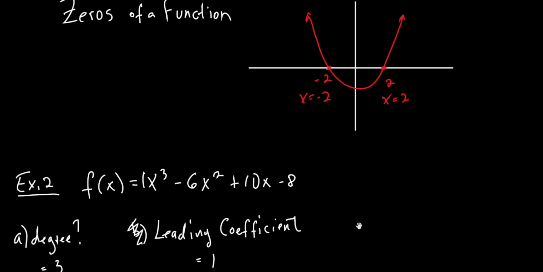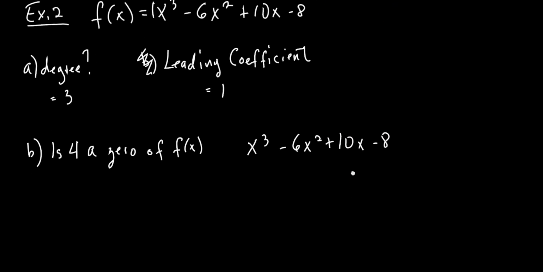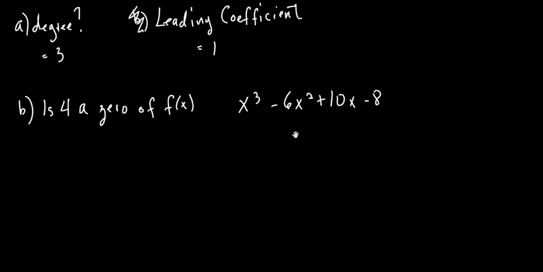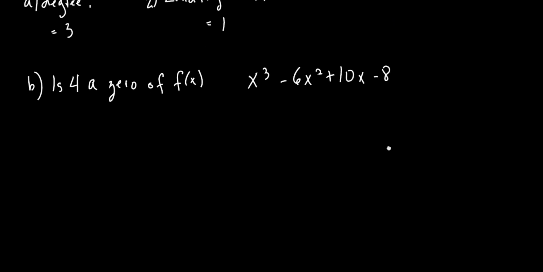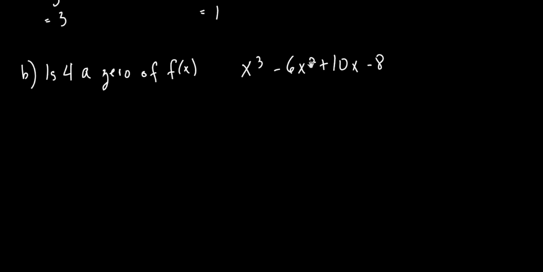Good. Okay, the y is equal to 0 here. So what I'm trying to do is, I want to see, here's my function, all right? It's x cubed, so it kind of goes like this and like this, all right? But I want to find, is 4 a 0 of the function? All right, does that make sense? So does it cross the x-axis at 4?